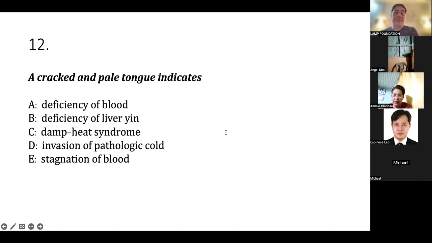A cracked and pale tongue indicates: A, deficiency of blood; B, deficiency of liver yin; C, damp heat syndrome; D, invasion of pathogenic factor; and E, stagnation of blood. Answer is letter A, deficiency of blood.